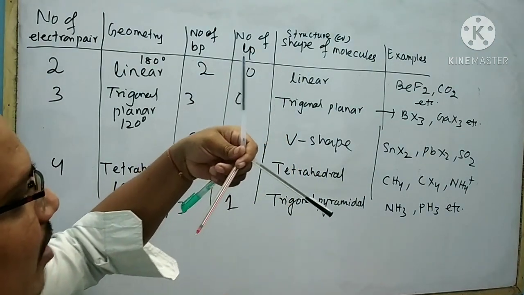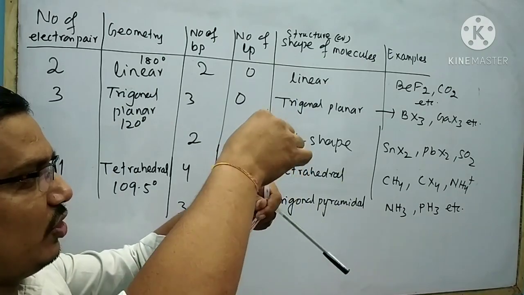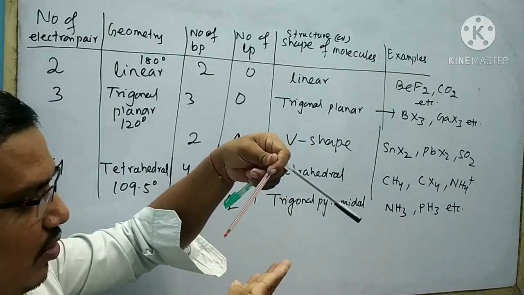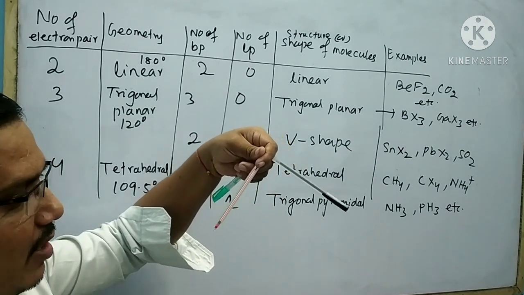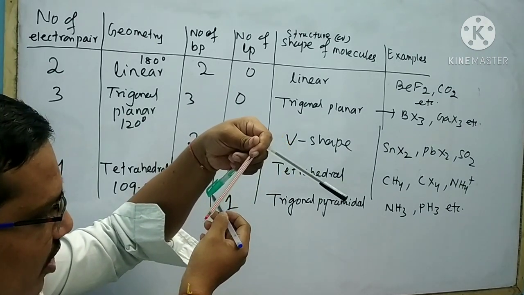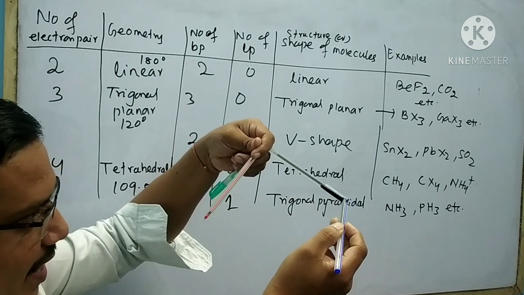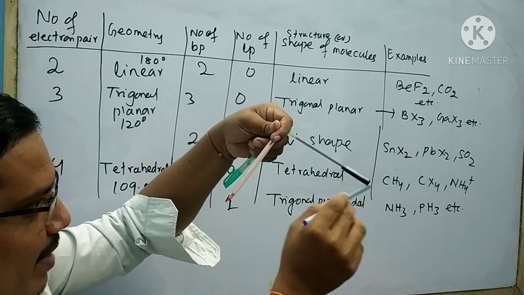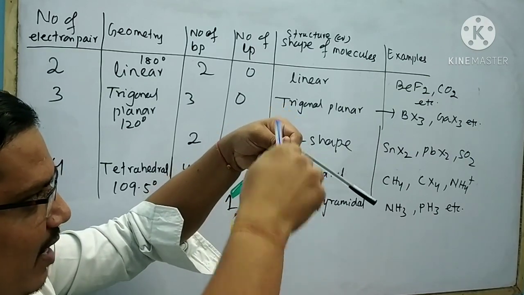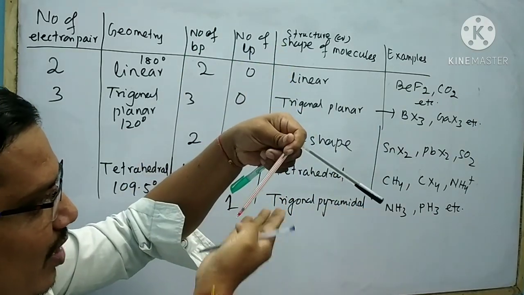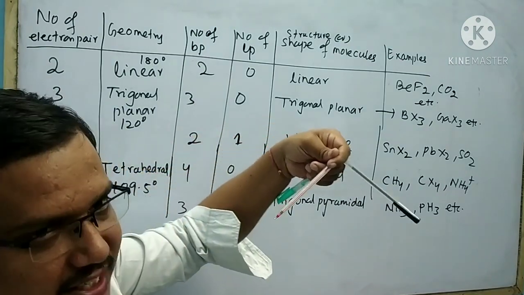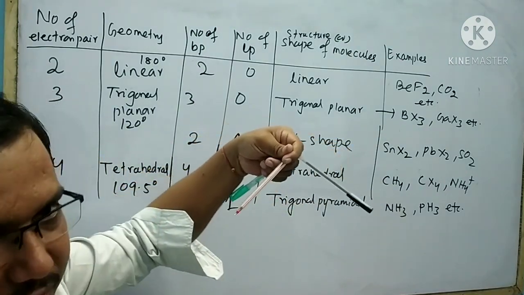Suppose among the 4 electron pairs, this is your lone pair, then the shape of the molecule is trigonal pyramidal. When I join this point to this point, and this point to this point, it makes a triangle and the upper part looks like a pyramid. So the shape of the molecule is said to be trigonal pyramidal.